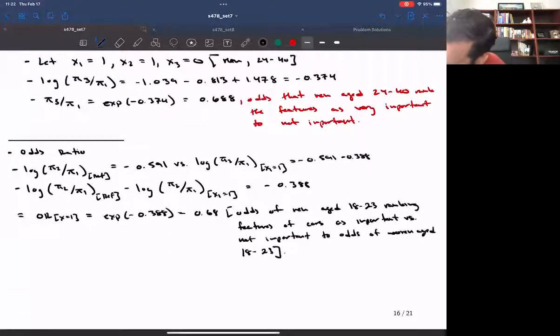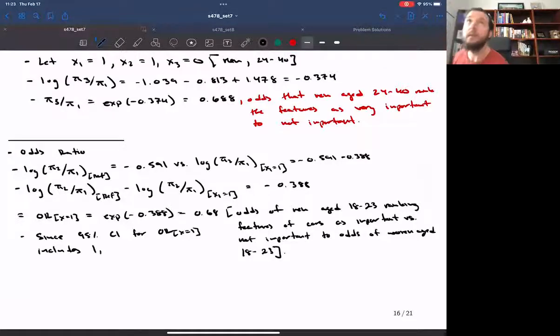So we can say, since the 95% CI for OR x equals 1 includes 1, that means that the odds of men ranking the car preferences as important versus not important is no different from the odds of women ranking the car preferences as important versus not important.